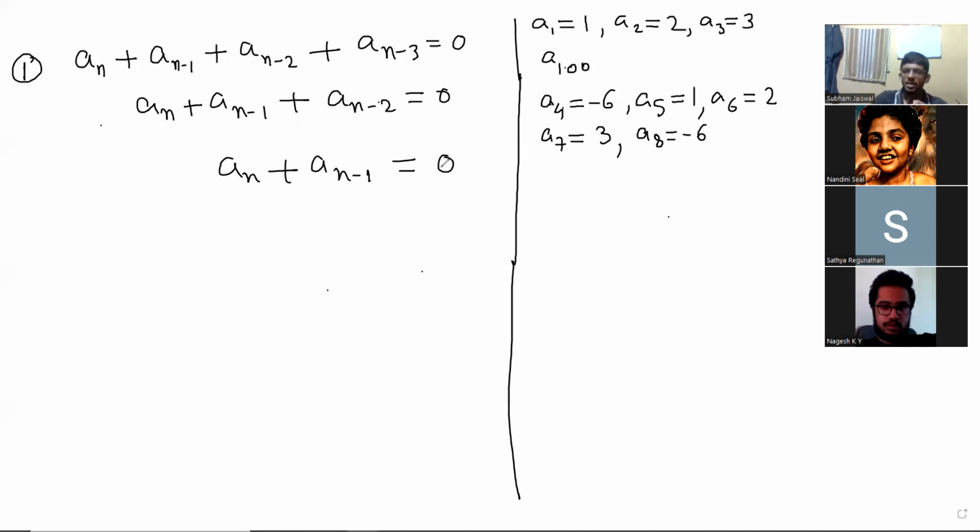Whereas if you look at the Fibonacci sequence, this was far from periodic. It was growing and growing.